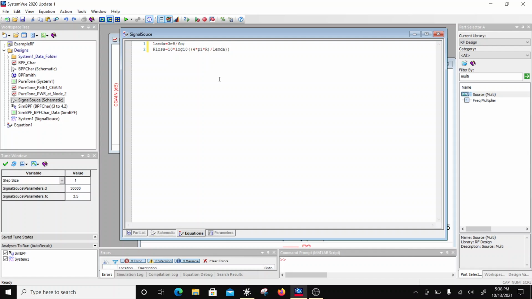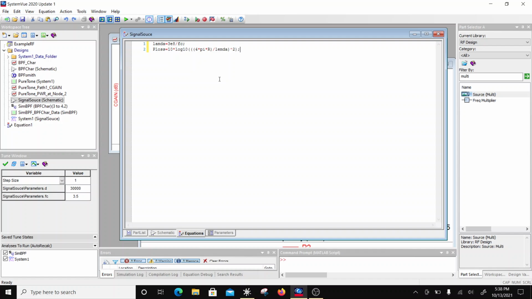And this entire thing is squared. So in MATLAB it's this raised to 2. So this is going to be path loss.